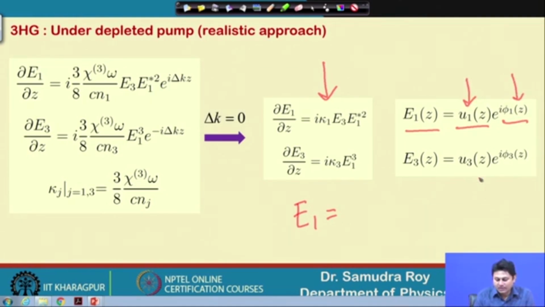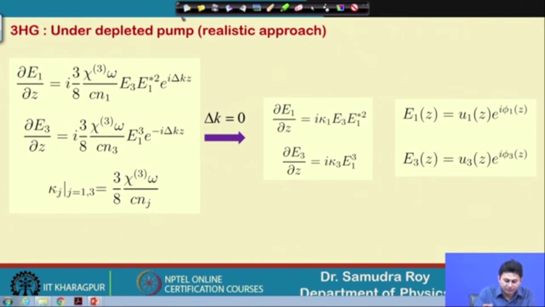Now, here E1 and phi 1 both are real, because we divide this into real and imaginary parts. So, E1 and phi 1 have to be real. In a similar way, E3 and phi 3 are real, corresponding to the field E3. We divide the total field into amplitude and phase parts, and that is our form.